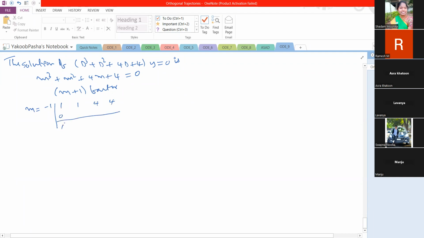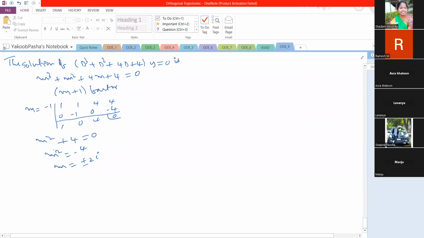Now add them: 1, minus 1, 0, 0, 4, minus 4, this is 0. So the quadratic equation becomes m square plus 4 equal to 0. So m square equal to minus 4, m is equal to plus or minus 2i.